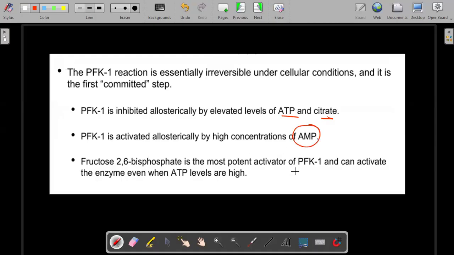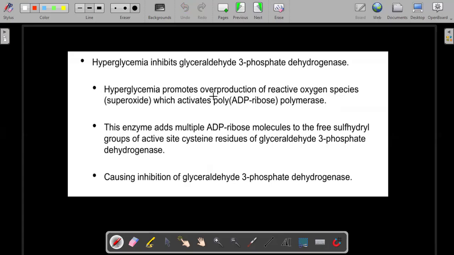Also, fructose 2,6-bisphosphate, via the cAMP pathway, is able to activate phosphofructokinase 1 as well. Those are the regulations for the phosphofructokinase 1 enzyme.